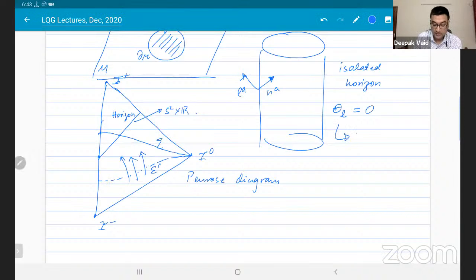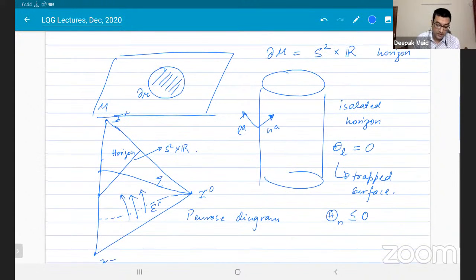So this defines a trapped surface. And the expansion of the ingoing null normal is negative or 0. And the horizon is defined as the outermost of these. So you have some collection of marginally trapped surfaces, and the horizon is identified as the outermost such surface.